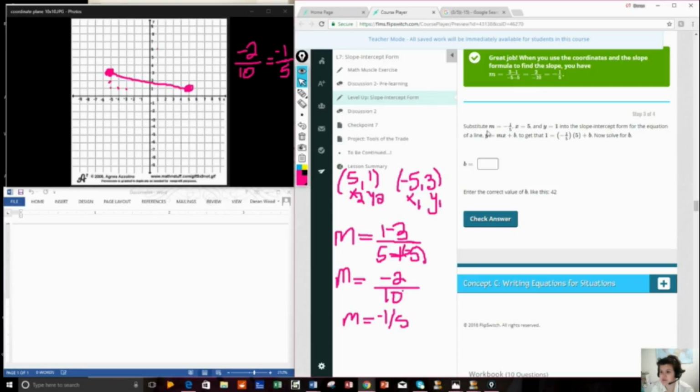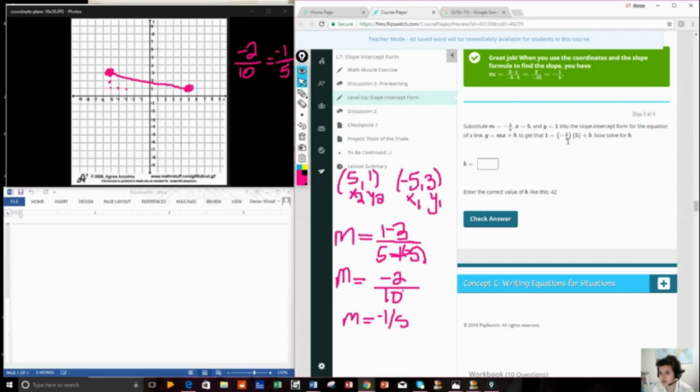Okay, so substitute m equals negative 1/5, x equals 5, and y equals 1 into the slope-intercept form for the equation of the line, y equals mx plus b. To get that 1 equals, because 1 is where the y is, and that is what they told us the value of y was.